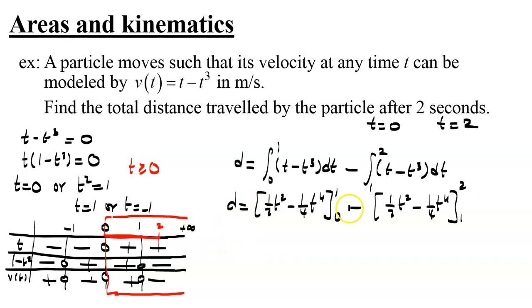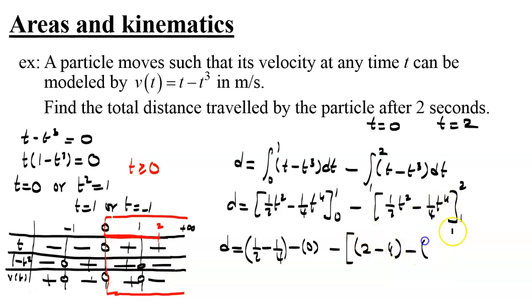Now, evaluating upper bound minus lower bound for each, I get half minus 1 over 4 for the upper bound, and 0 for the lower bound. For the second one, for the upper bound, it's 4 over 2, which is 2, minus 16 over 4, which is 4, minus, I grouped them so that all of this would be multiplied by this negative, the value at t equals 1, which is half minus 1 over 4.